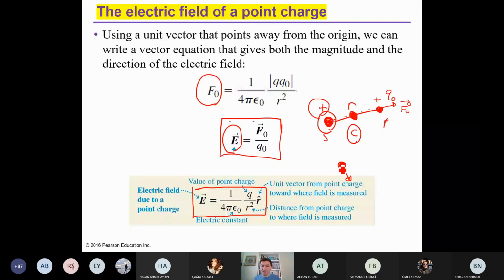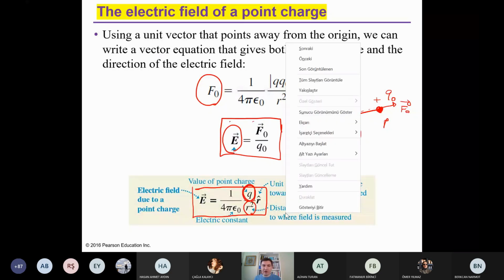So electric field depends on the square of the distance. So here we have Q. What is this Q? This is the charge of the source, okay? Don't forget, Q is the charge of the source. So electric field depends on the distance from the point charge.